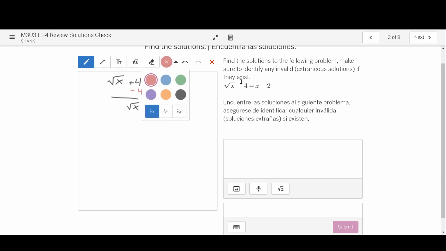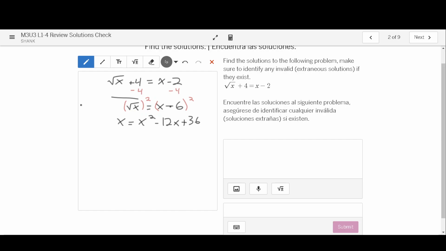Then I can square both sides because I need to get rid of this square root, by raising it to the exponent of 2. Now I have x equals x squared minus 12x plus 36. If you need to do that on the side, please do. All I did was raise this set of parentheses to exponent 2.